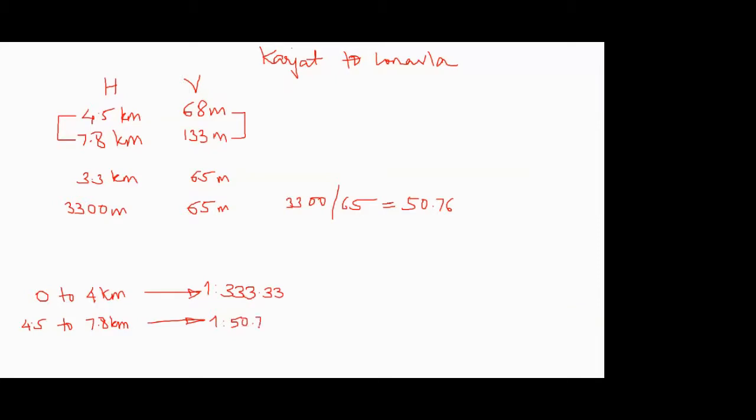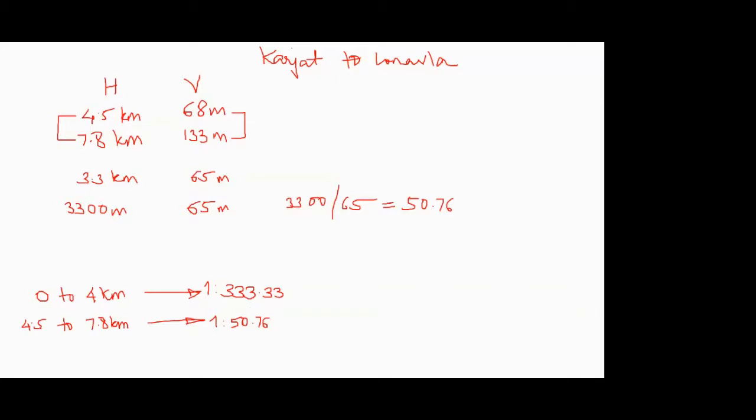So just see the drastic difference: up to 4 kilometer when you started from Karjat, for the first 4 kilometer, your train traveled on a one in triple three gradient. So that's a mild one.